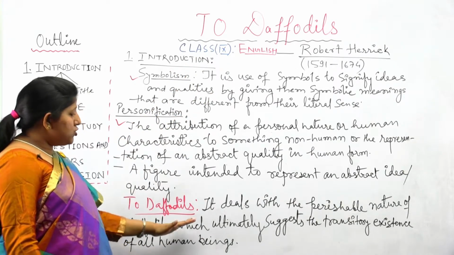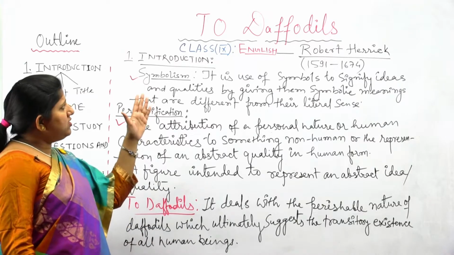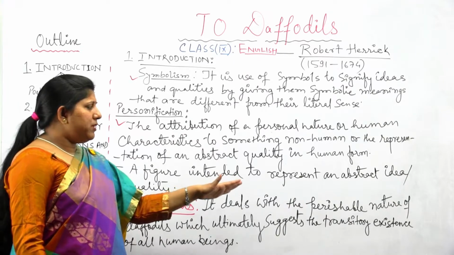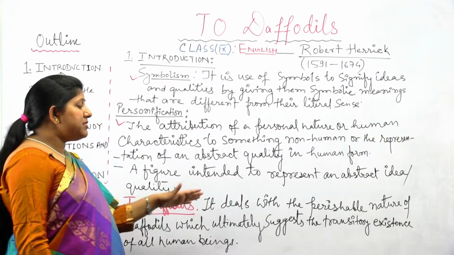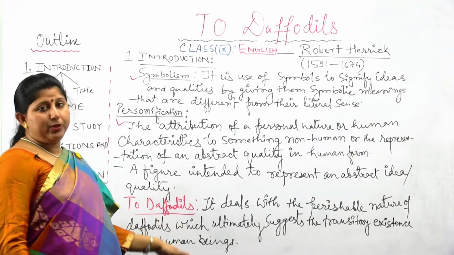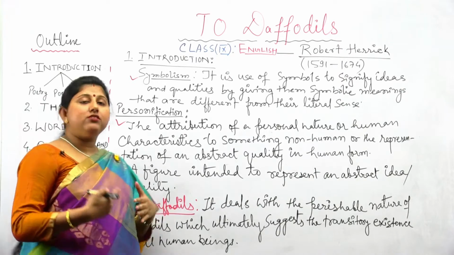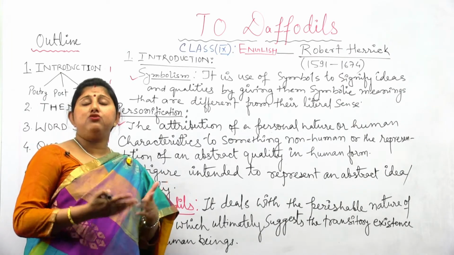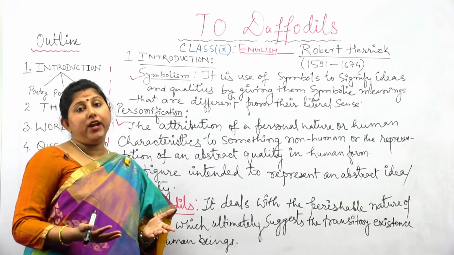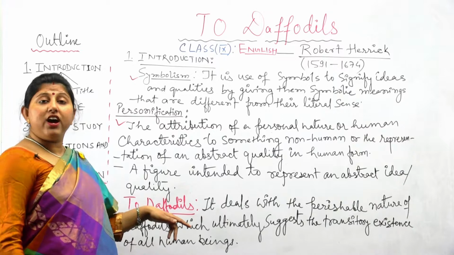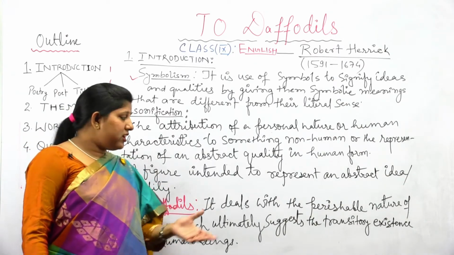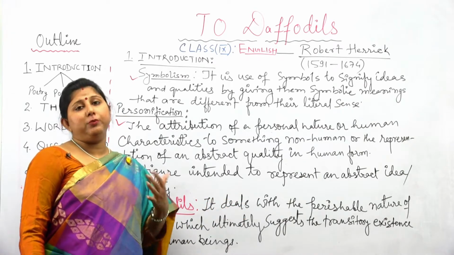Now, here, look at the board. Two Daffodils. What does this title suggest? It deals with the perishable nature of daffodils, which ultimately suggests the transitory existence of all human beings. Perishable nature means the fast decaying nature of a flower. Of what flower? Daffodils, which ultimately suggests the transitory existence of all human beings.